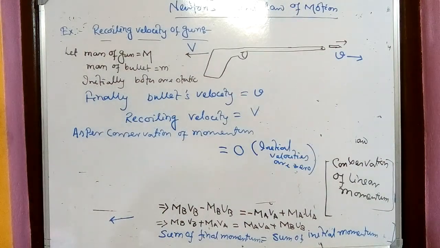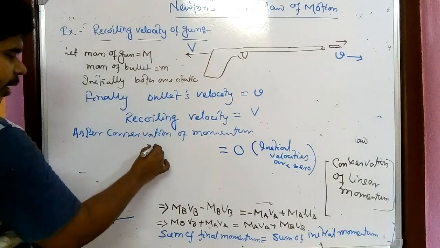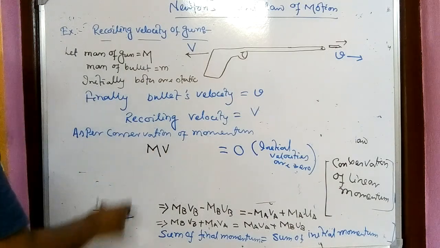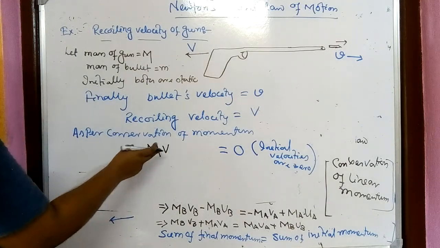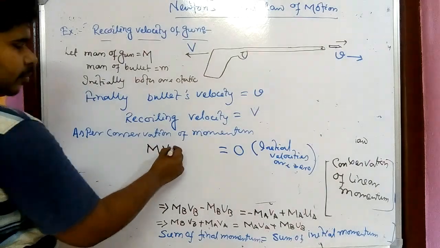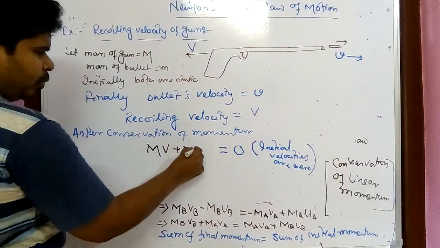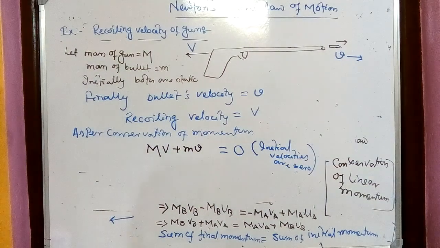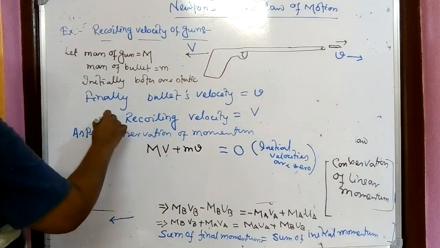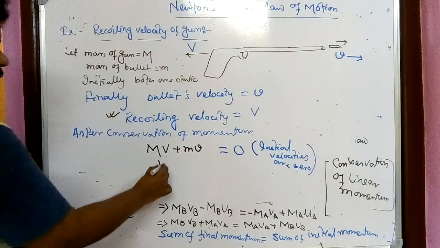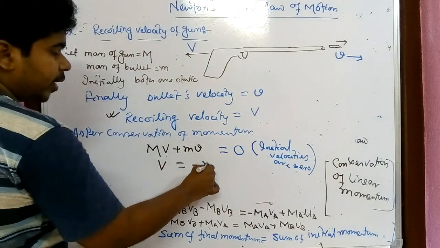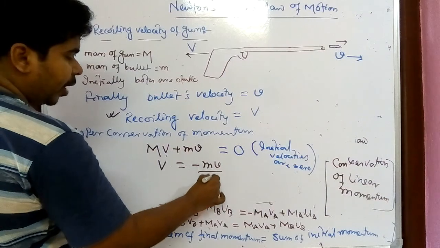And the sum of final momentum is capital M into capital V, the mass and velocity of the gun, plus small m into small v, the mass and velocity of the bullet. From here we want to find the recoiling velocity V. So V equals minus m v by M.